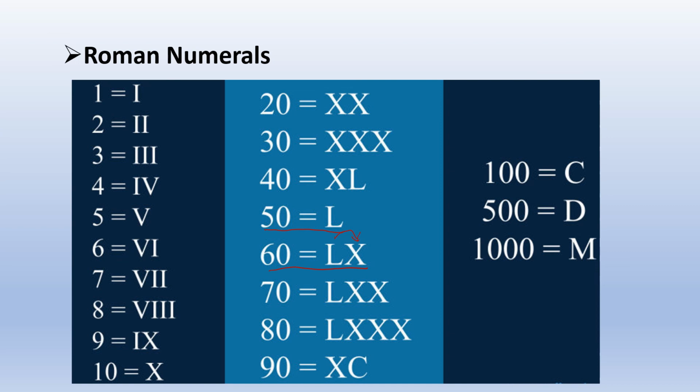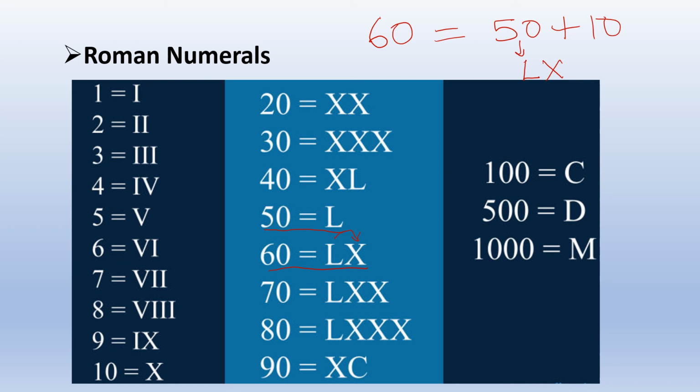If you are asked to write 60, how do you write 60 in terms of 50? You will write 50 plus 10. What is the Roman numeral for 50? It is L. And what is the Roman numeral given for 10? You have X. So you write LX.